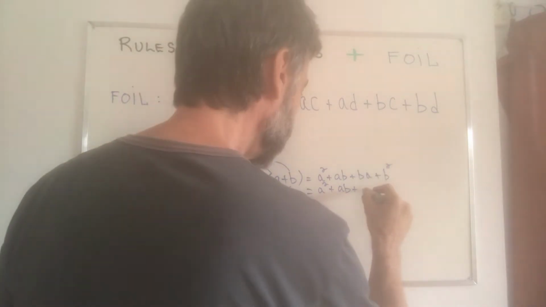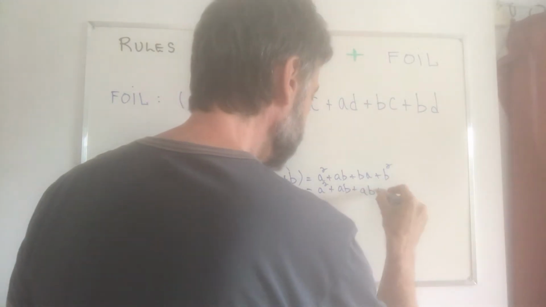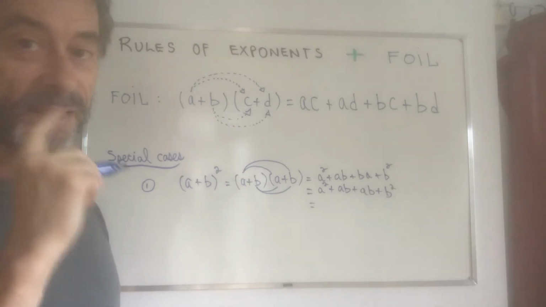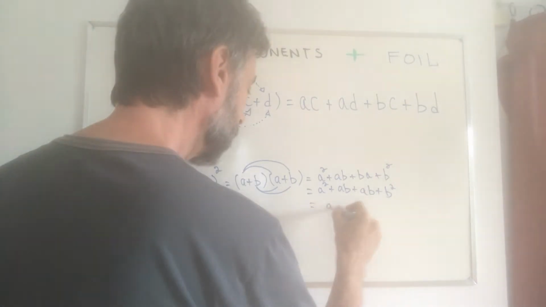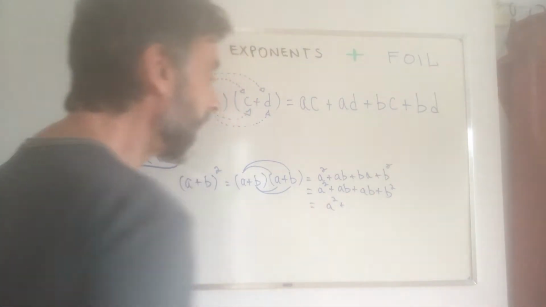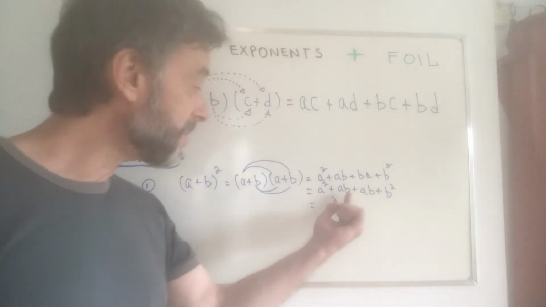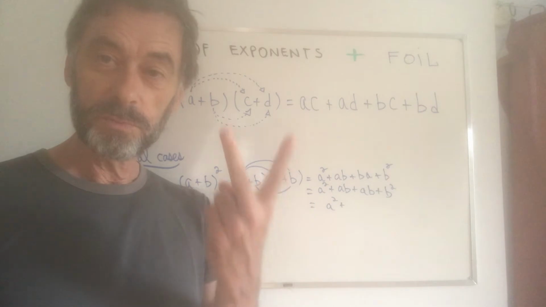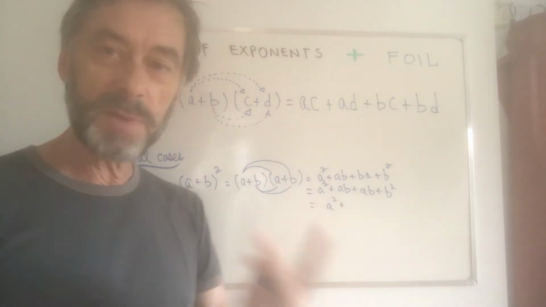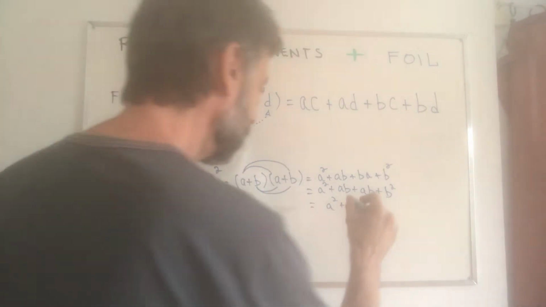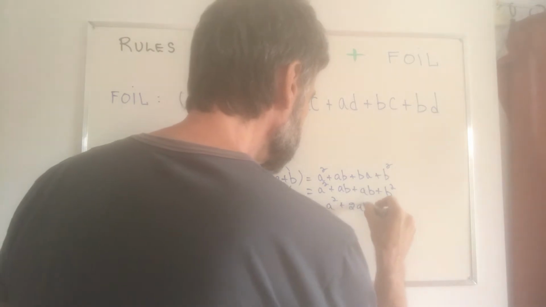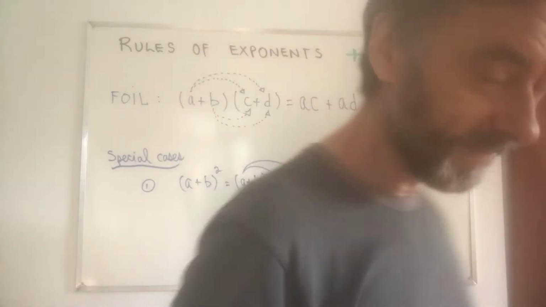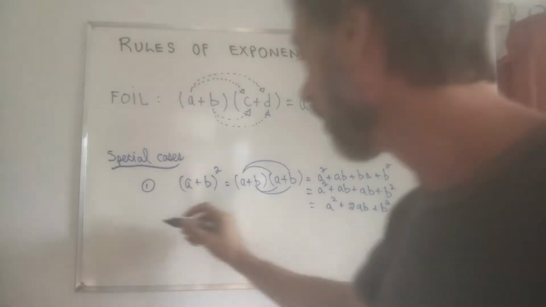So B times A is the same thing as A times B. So in the very end, we get A squared plus AB plus AB. X plus X, 2X. AB plus AB, 2AB. 2AB plus B squared. Good. Well, that would be special case number one.